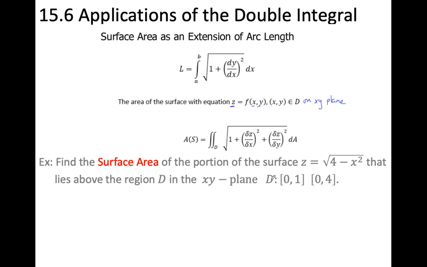So find the surface area of the portion of the surface that lies above the region D in the xy plane, and they've given me my x and my y bounds. So what does that look like?